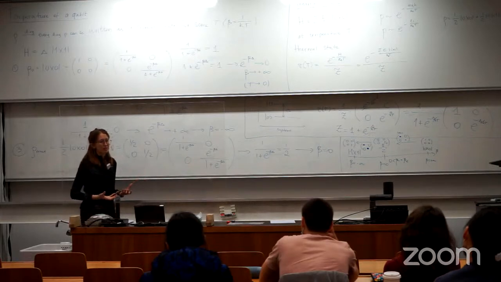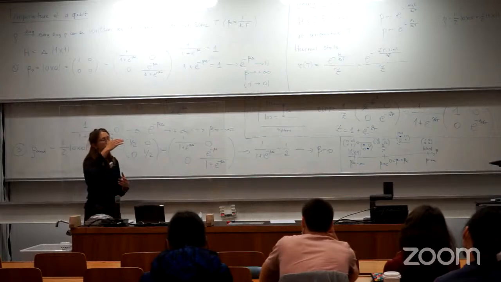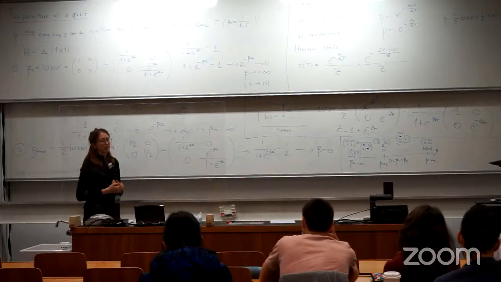And so if the energy of the level is much higher than this kT characteristic energy, then it's harder and harder for the particle to get there.